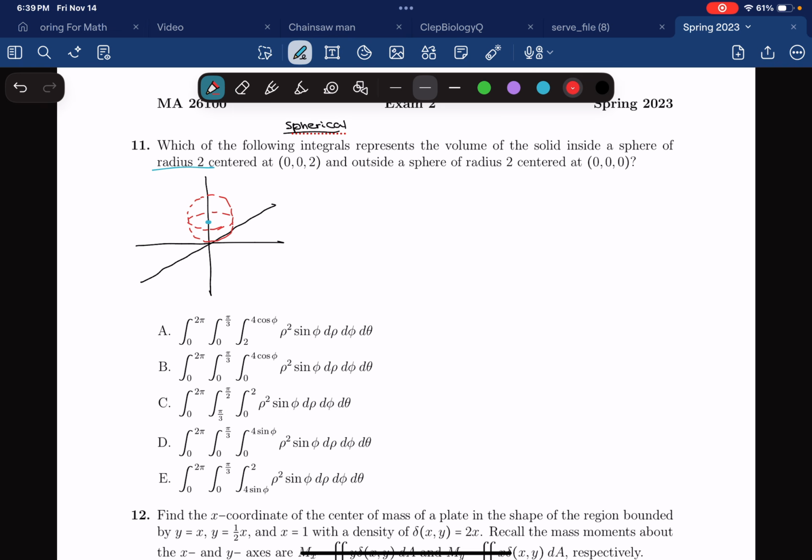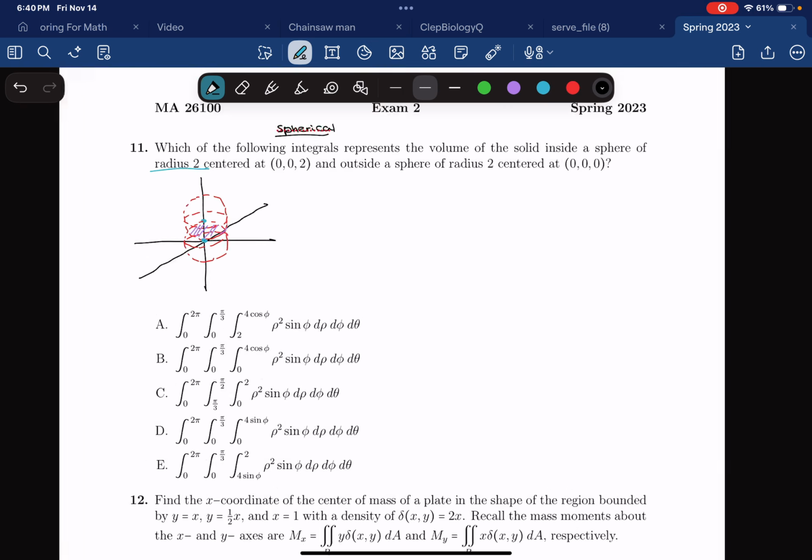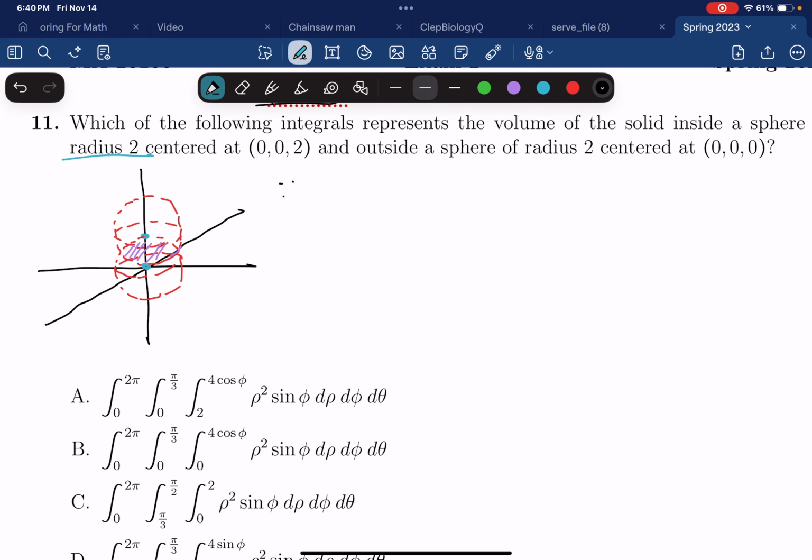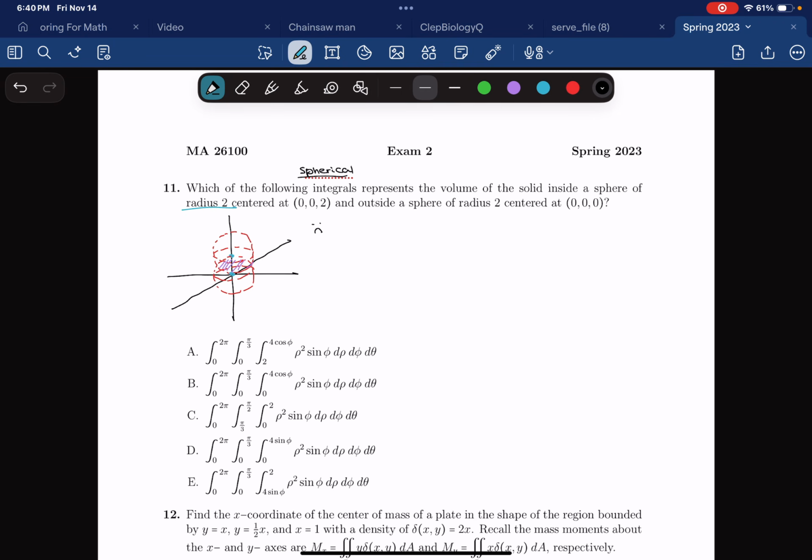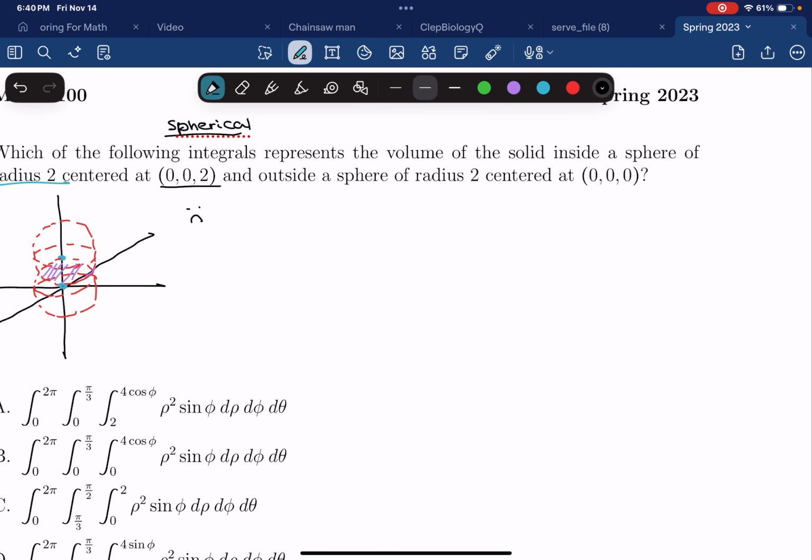And then you got this second sphere, and it's just at 0, 0, and then it has this radius of 2 as well. And then we're trying to find what's inside of this area. So that's a very poor drawing, but we're trying our best. I can't draw.